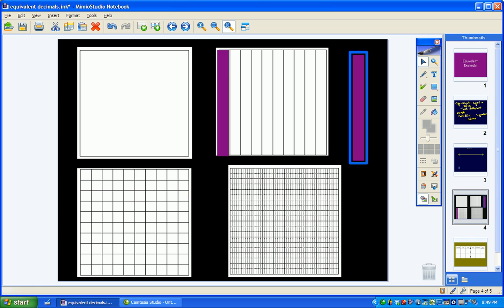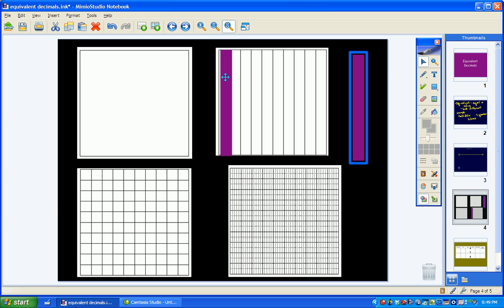So 1/10 is equivalent to 10/100ths, which is equivalent to 100 thousandths. Those are all equivalent. I didn't change the size of the piece whatsoever. They're equal, but they look different. These are broken into tenths, these are broken into hundredths, and these are broken into thousandths.